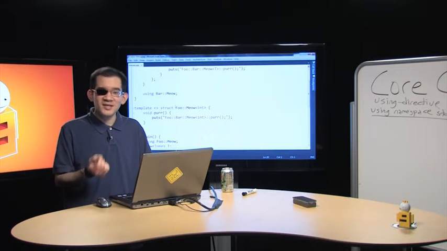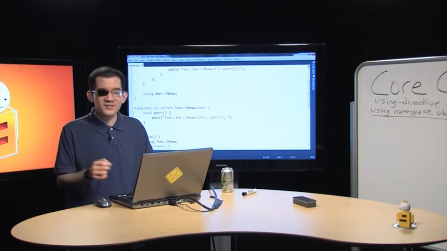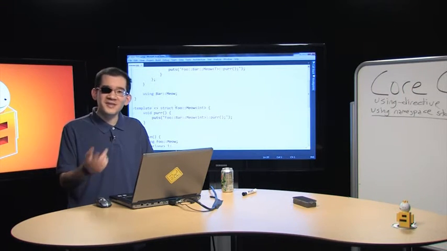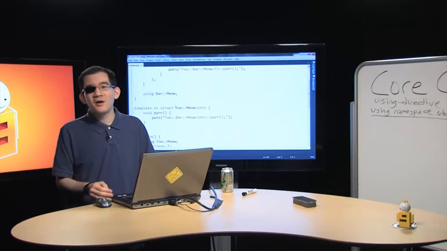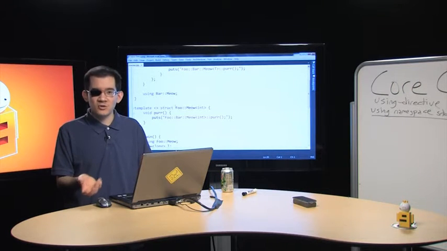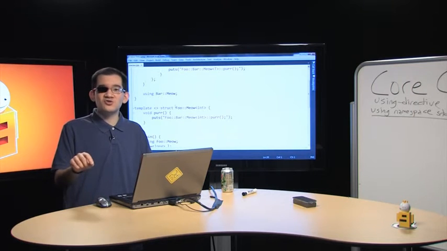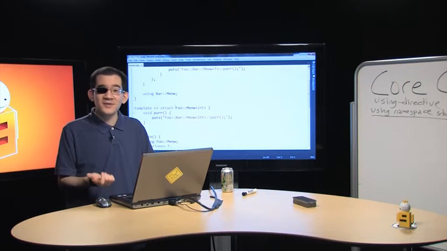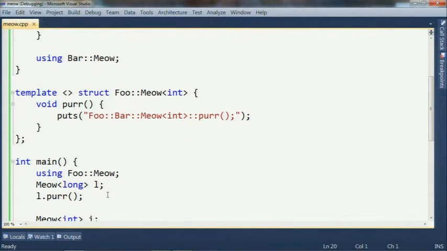Yet in VC10 SP1, and VC10 RTM as well, we didn't have time to go change over all of the namespaces, so we did a shortcut. While still defining shared pointer and function and other helpers in namespace std TR1, we then drag them out into namespace std with using declarations, just like this using foo meow.